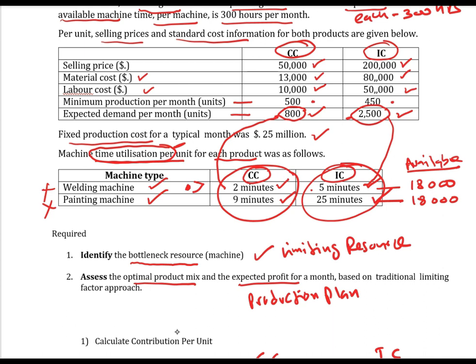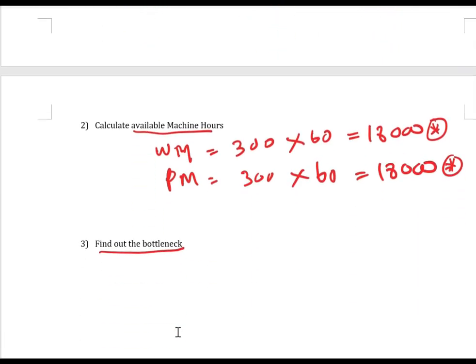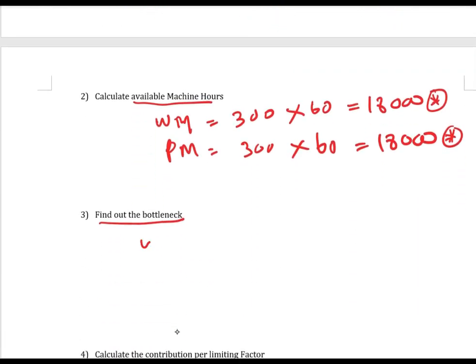So let's calculate. First of all we will take the welding machine. There are two products, CC and IC.